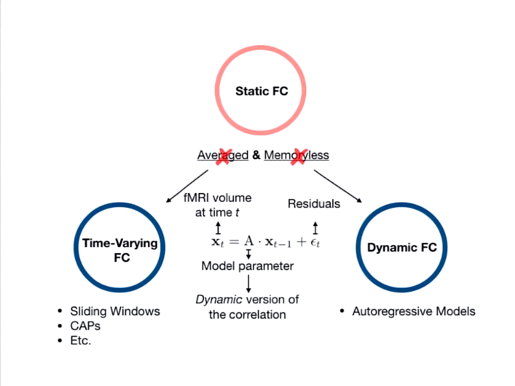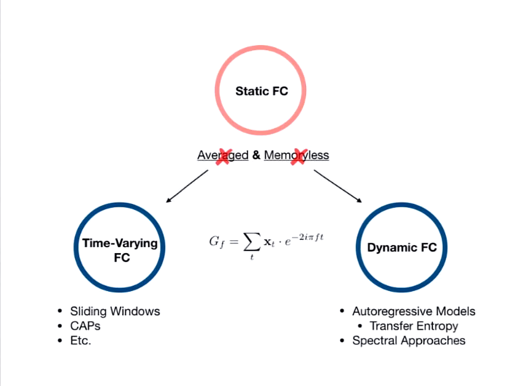So, as I said, the autoregressive model is a very simple way to exploit dynamic information from fMRI time series, and essentially a lot of information theory measures also exploit this information, such as Granger causality or transfer entropy, that essentially exploit the information encoded in an autoregressive model of fMRI time series. We can also classify in this category all the spectral approaches, because you can again see it quite easily: if you shuffle the time points and you compute again a spectrum of this shuffled version of the dataset, you will completely change the spectrum.